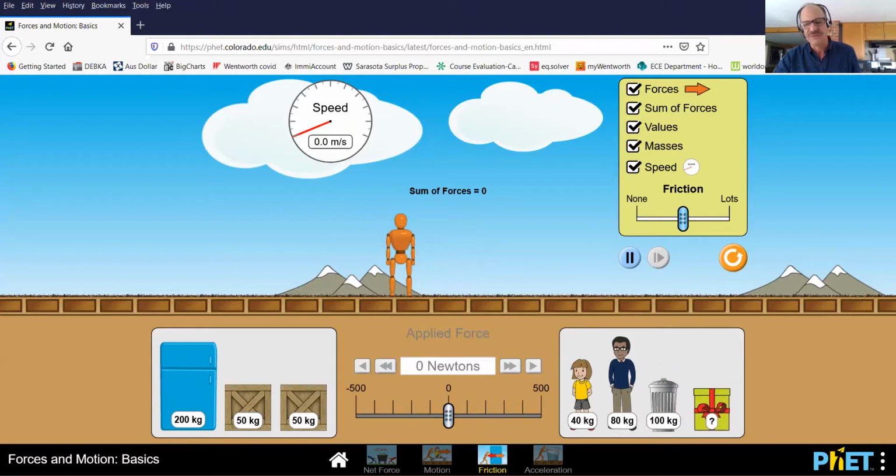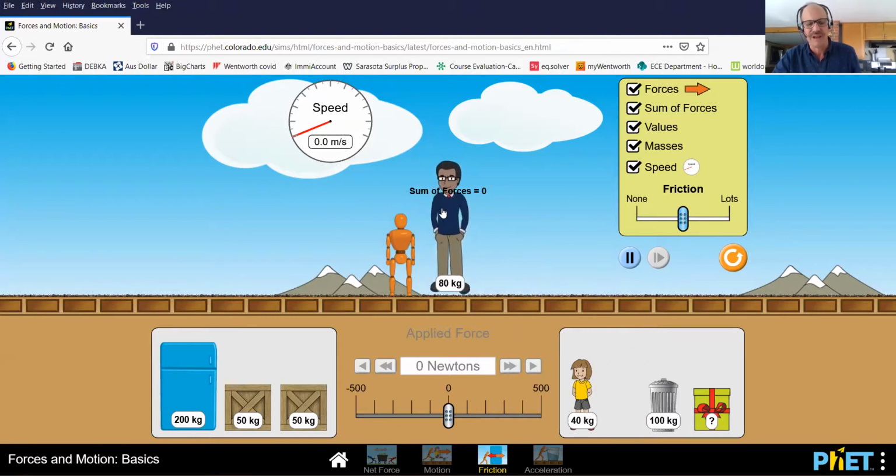After you do those, I'm not going to have you do another 100 kilograms because you already did the 100 kilograms with the two 50 kilogram weights. But you should be able to figure out, for this man who is 80 kilograms and this girl who is 40 kilograms, what the force would be to get them started moving.